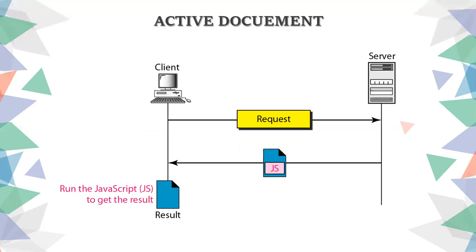So for this purpose, the server sends the program to be executed as a client-side module. In the previous documents, the files are executed on the server side and a document copy is given. But here the document is given from the server, but it is executed on the client side. That is very important. That is named the active document.